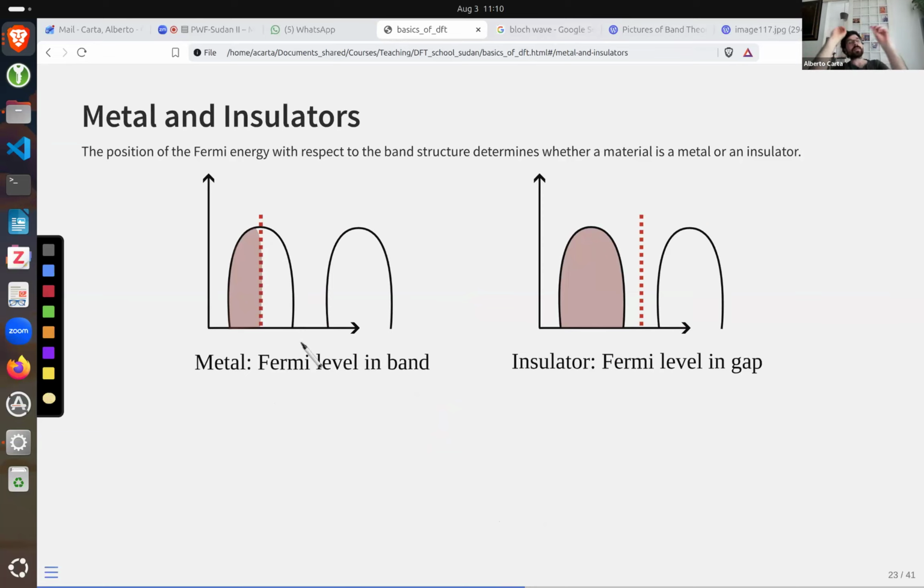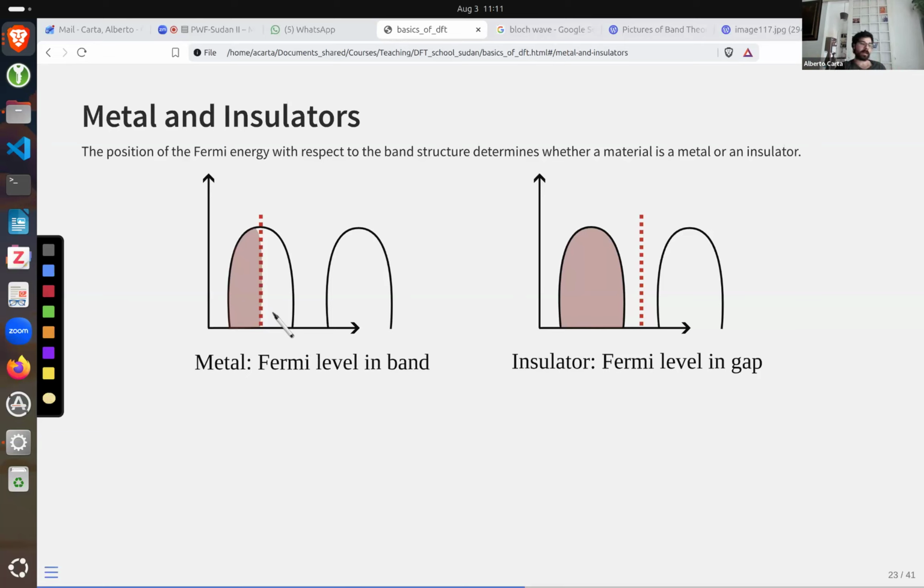It means you need extremely small energy to excite an electron from an occupied state to an unoccupied state. The energy of exciting one electron from occupied to unoccupied is extremely small.